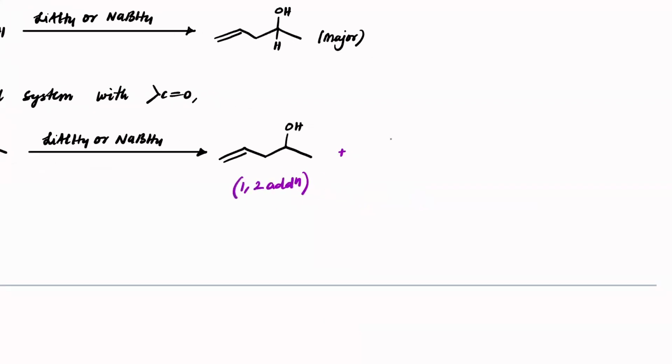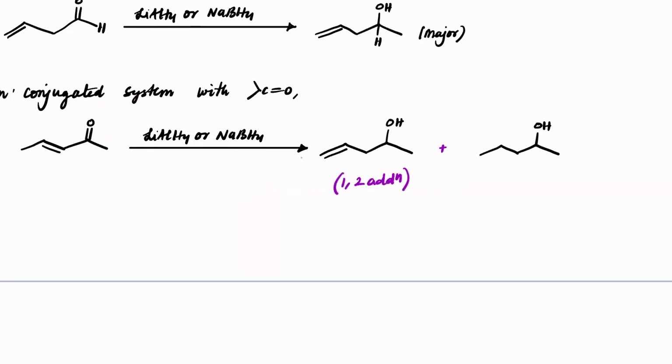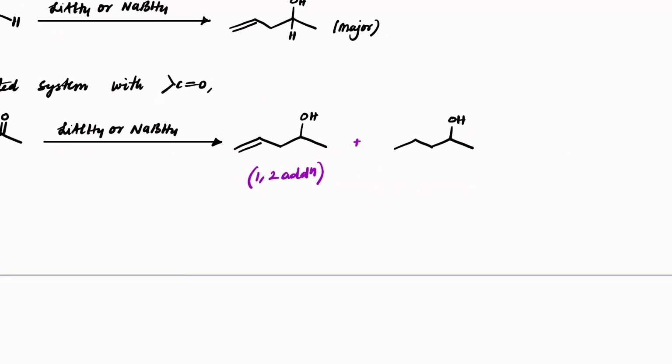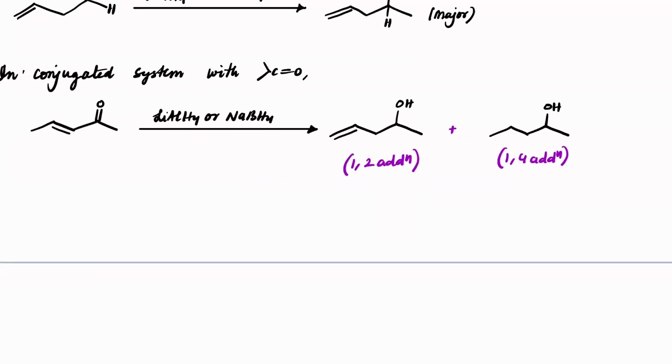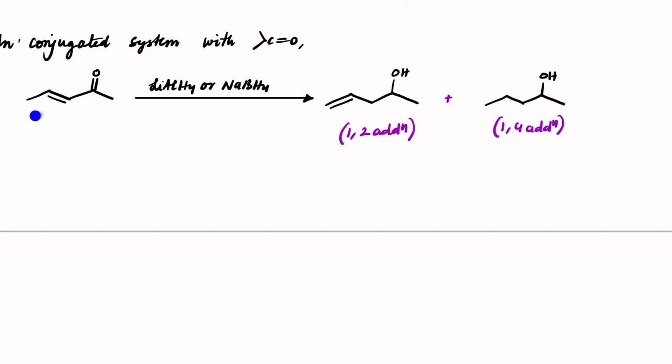And the other product which you will get is like this, and this is 1,4 addition. So in this case, you'll have 1,2 addition and 1,4 addition. Usually, when you have an open chain and simple alkyl groups here, then 1,2 is observed to be major, and 1,4 is observed to be minor.